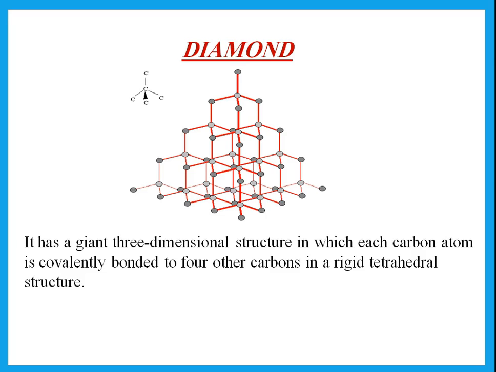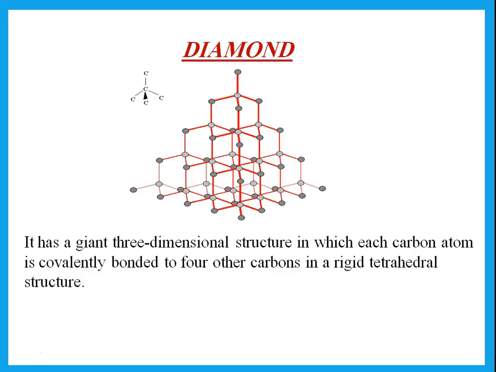So there are strong covalent bonds between the carbon atoms in the structure. Now, in diamond, each carbon is covalently bonded to how many other carbons? To 4 other carbons. And this kind of structure is called a tetrahedral structure, in which we have one carbon in the middle, one on top, and 3 forming something like a pyramid below it.